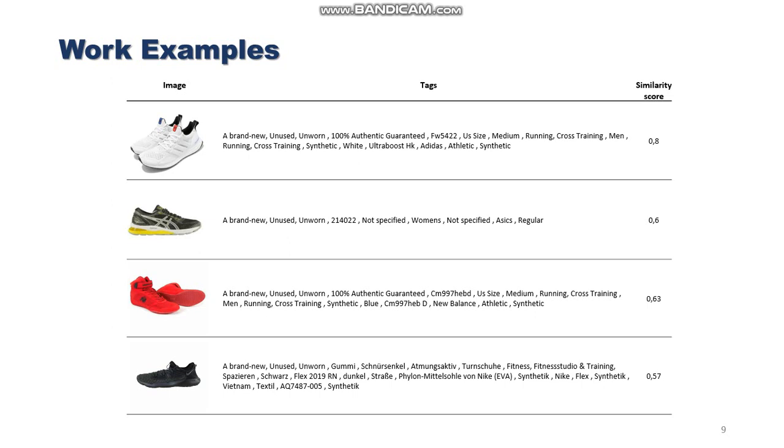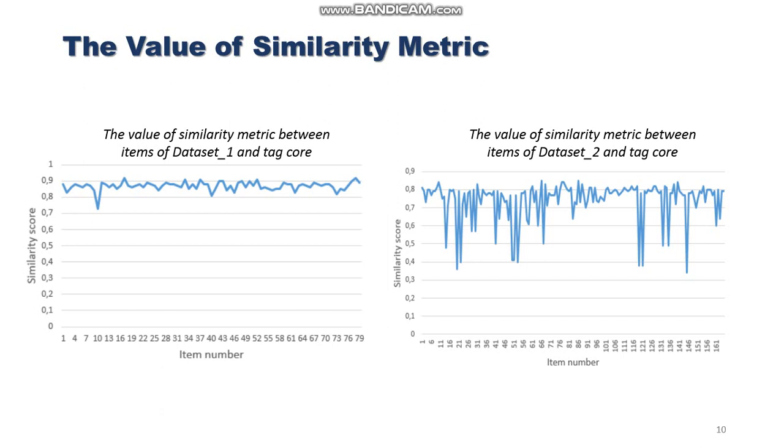We receive a similarity score of 0.8, and the next values are 0.6 and 0.5, so they are not similar items for our first dataset. We also present information about experiments with the similarity metric between the first dataset and the tag core, and the second dataset and the tag core.